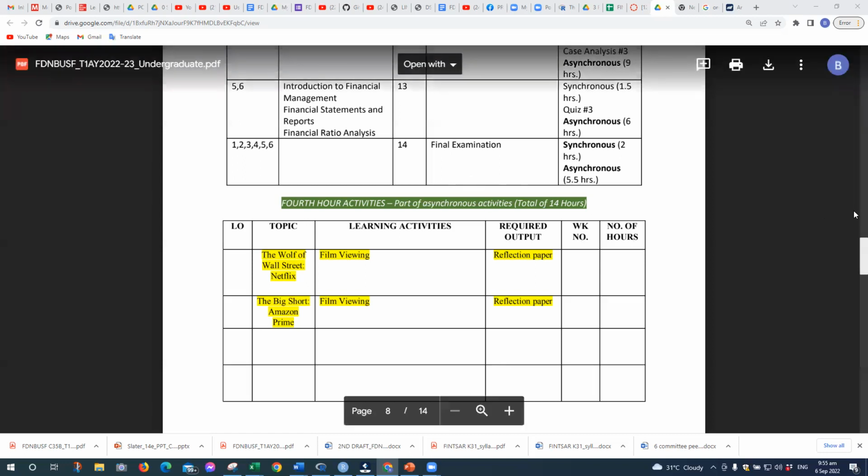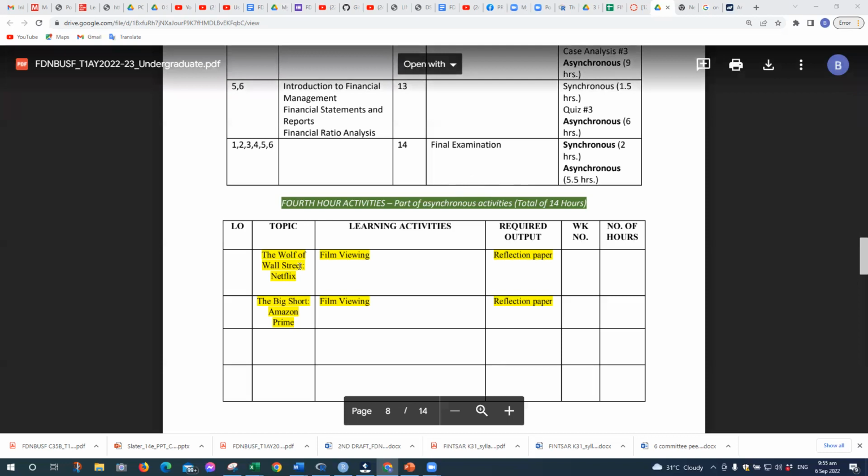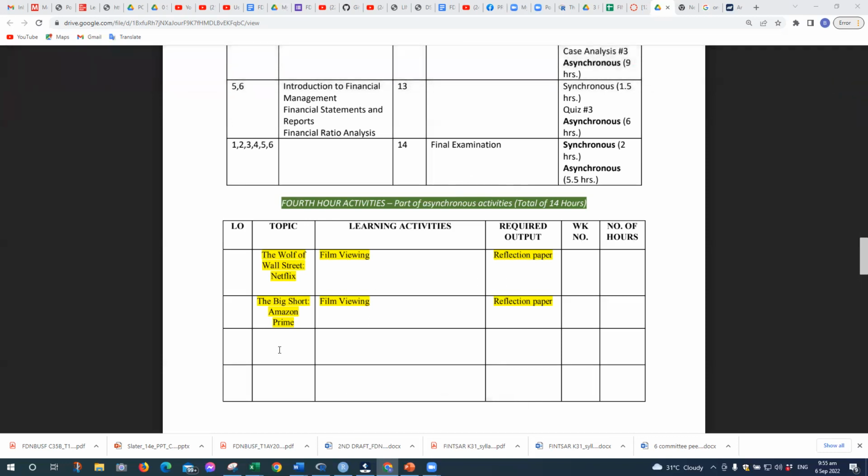So lastly, the fourth are activities. These are activities conducted outside the classroom. There's another one here, but I'll put that later. You need to watch these movies, The Wolf of Wall Street, on Netflix. I hope you have access to Netflix. And then The Big Short.